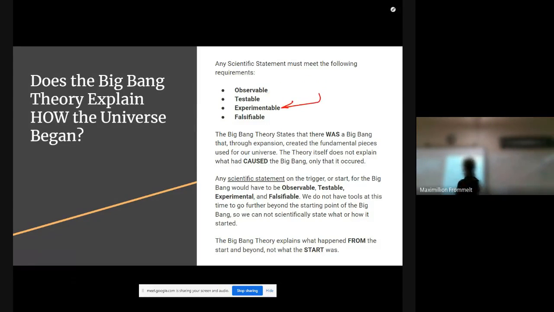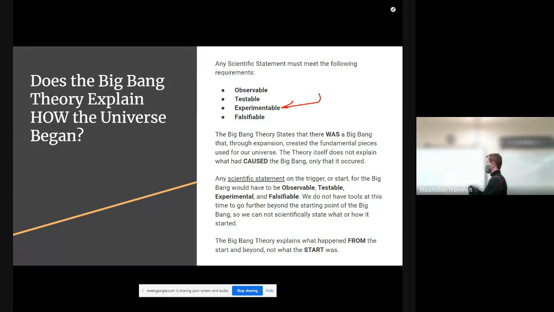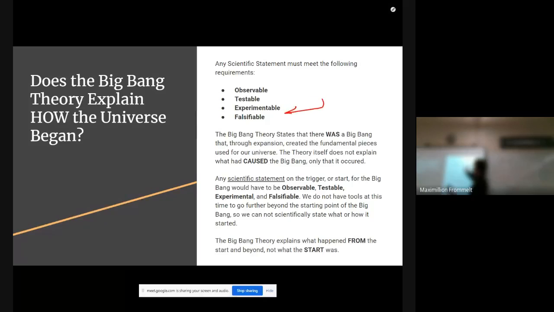Hence, it also has to be experimentable. When you're talking about the Big Bang, for example, you can't state that because nothing was there, everything was created. You can't really test that kind of explanation. You can't test that kind of proof. There has to be an experiment you can actually conduct in order for that to be true.